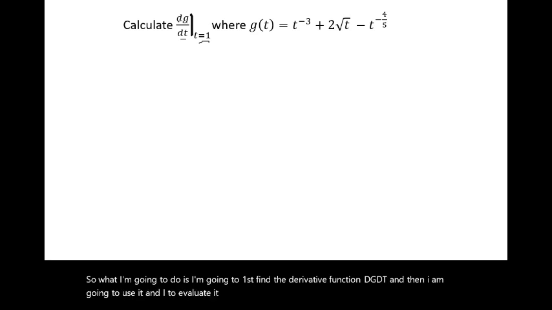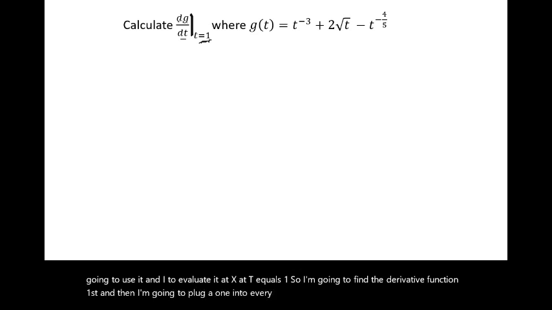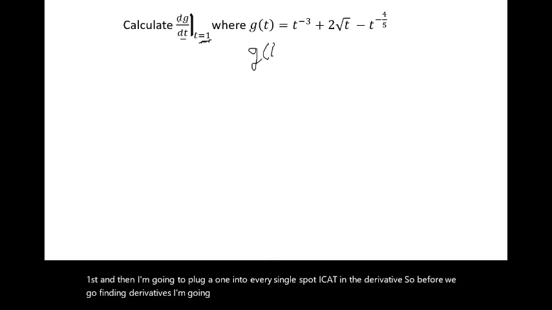I'm going to find the derivative function first, and then plug a 1 into every single spot I see a t in the derivative. So before we go finding derivatives, I'm going to take this g of t here and rewrite that square root as an exponent so that I can use power rule to take its derivative.